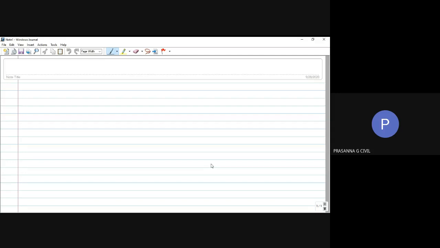The other end of the manometer is open to the atmosphere.